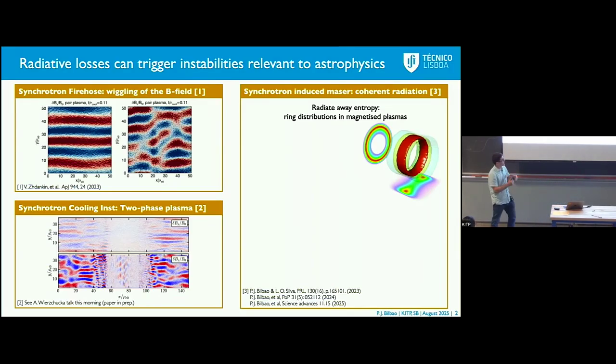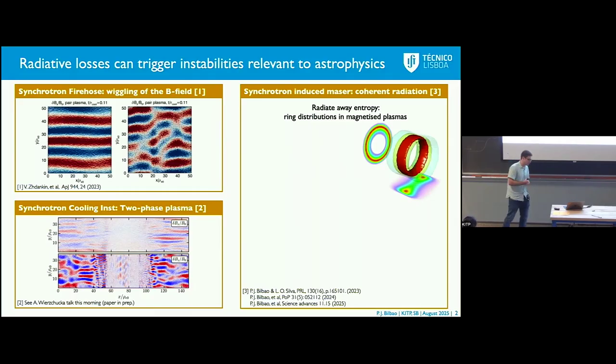I'm not going to go into too much detail because I want to talk a lot about the laboratory aspect of this. But what's interesting about radiation reaction is that it doesn't radiate just energy, it radiates away part of the entropy of the system. And so this is able to drive it into kinetic unequilibrium. For all of these instabilities, you're driving away your pressure isotropy, and so you're driving different kinds of instabilities.